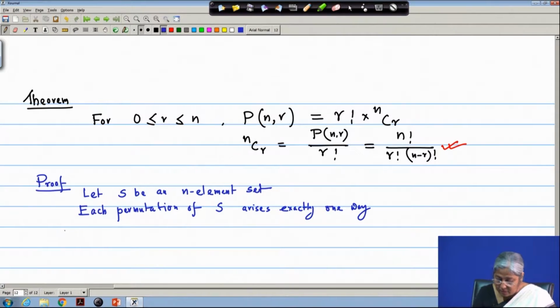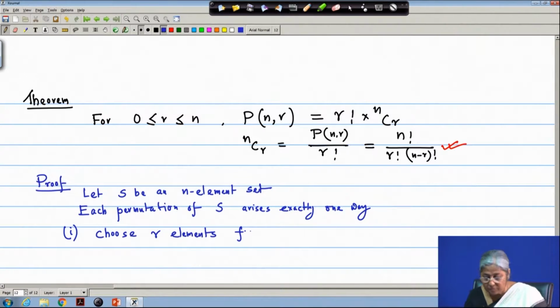What are these? I choose R elements from a set, for a set S, and since it is an ordered arrangement, I am considering permutation.